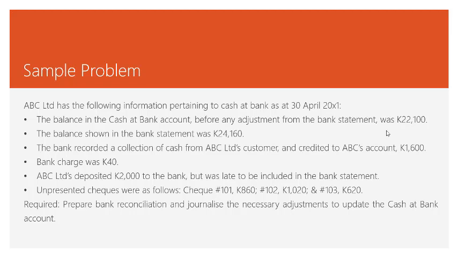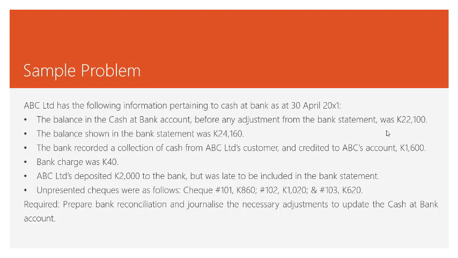The fourth bullet, the bank charge of 40 kina, is the charge made by the bank on their services. This has not yet appeared in the cash at bank account. So for bullets number 3 and 4, we need to adjust so that the cash at bank account will be adjusted.